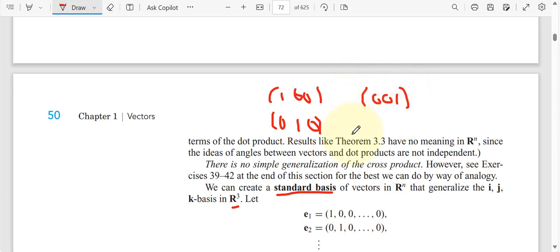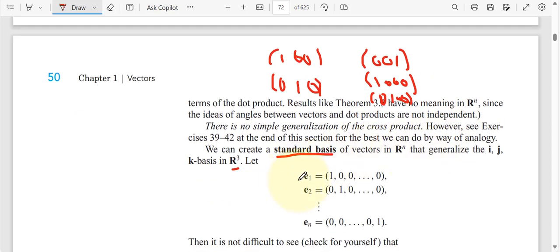So you can see how this generalizes. If you had R4, you'd have 1, 0, 0, 0. Then the next one is 0, 1, 0, 0. And then you'd go 0, 0, 1, 0, and so on.